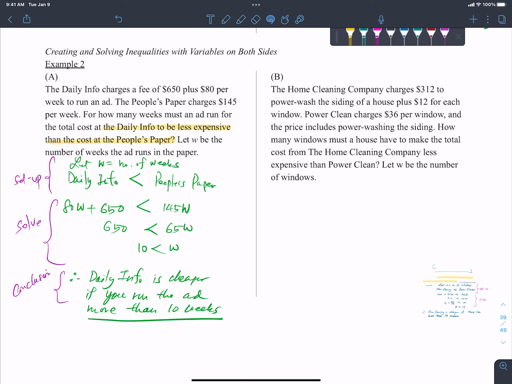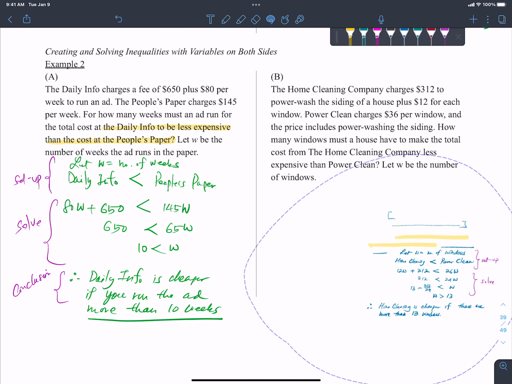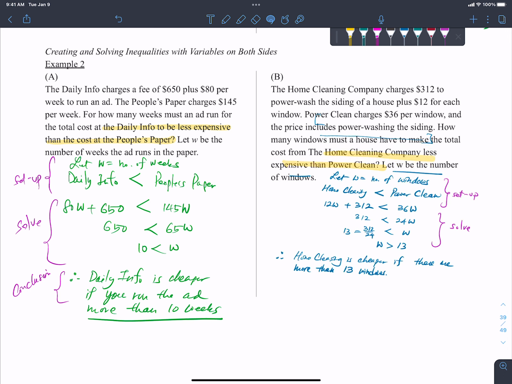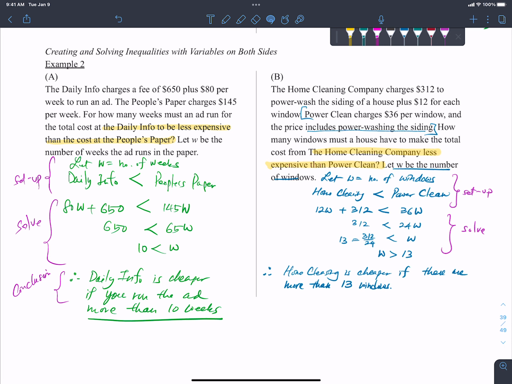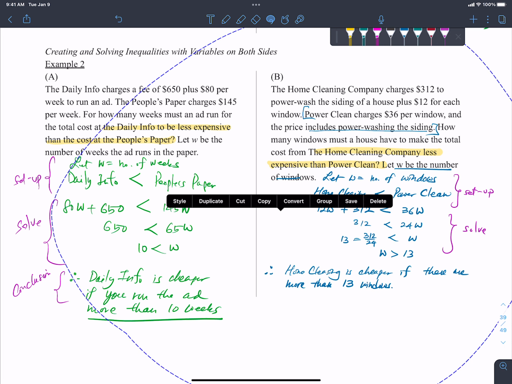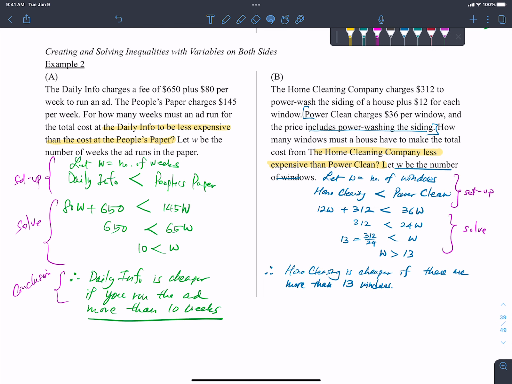All right. Let me make it bigger so you could see what I did. I think that should be good. There you go. The main point over here is that the actual question says, when is the Home Cleaning company less expensive than the Power Cleaning?